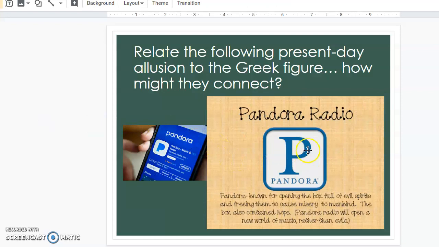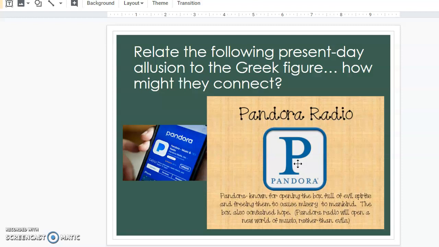Well, in my classroom, I play a lot of Pandora music for us to learn. And as we look at this Greek figure, Pandora, we learned about Pandora's box being opened. It was a box full of evil spirits, and opening it freed them to cause misery to mankind.